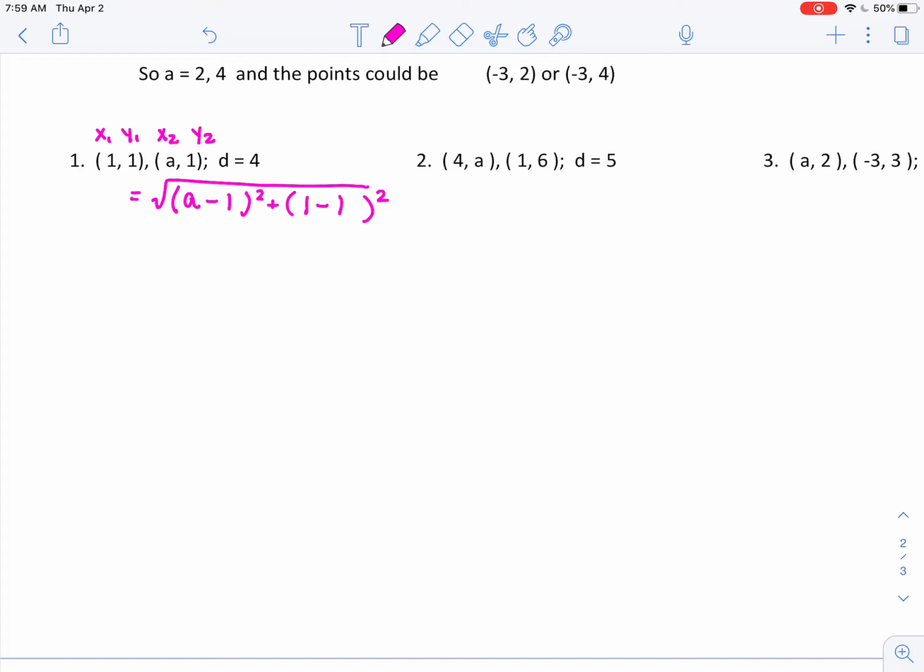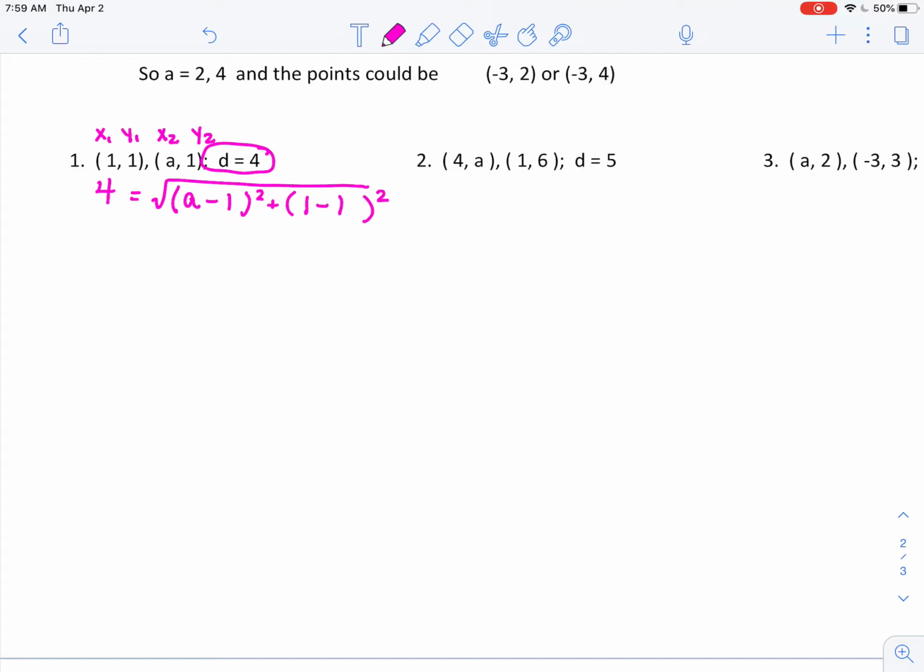Here's where it's a little bit different from the last 2 questions. I also know the distance. When I calculate the space between those 2 points, I already know the answer. It should be 4. So I'm also going to plug that into my formula. Okay, then I'm going to clean up whatever I can underneath of the parentheses.